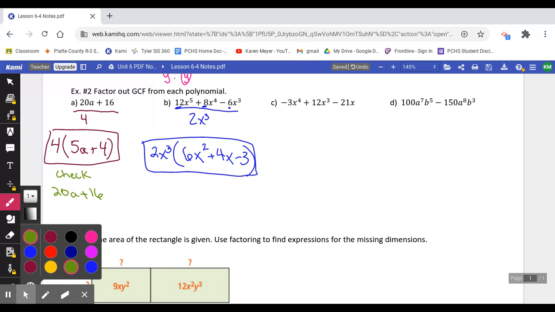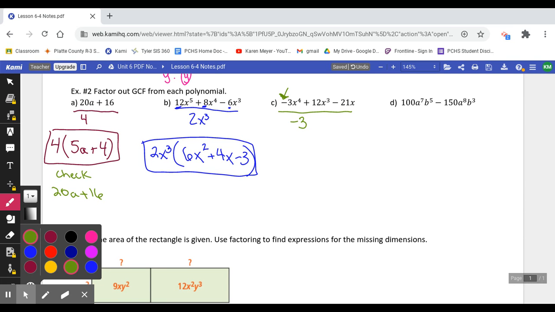Okay, the next problem. With this problem, you notice that, oh, we are starting with the negative. You are not allowed to start with the negative. If you start with the negative, that automatically means you have a negative in your GCF. Now look at the coefficients. What goes into 3, 12, and 21? And the highest thing that goes into those is 3.